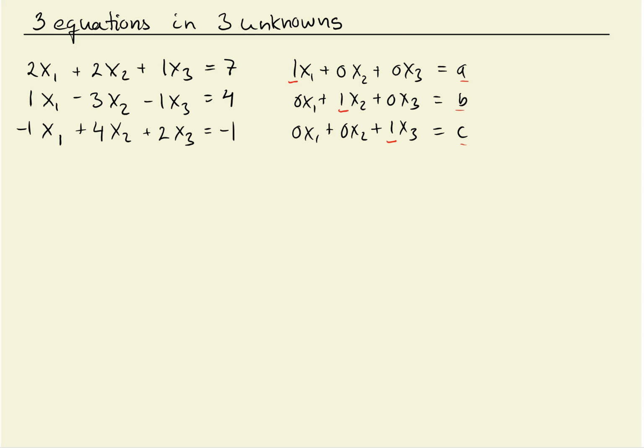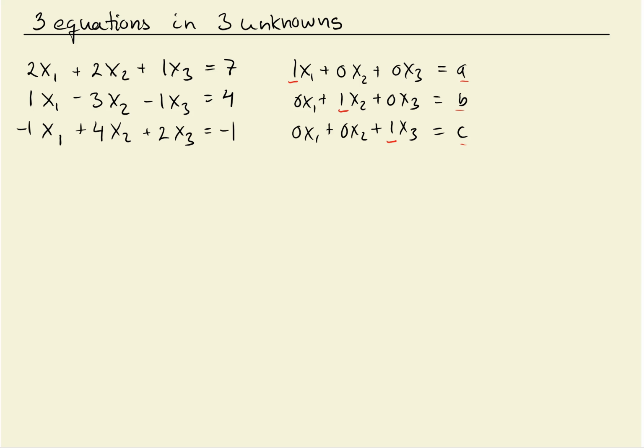Now I am going to be needing quite a few row operations. So in order to simplify the process a little bit, I'd like to discard the x1s and x2s and x3s. I'll just remove them and keep my rows and columns straight, so I'll be able to reconstruct the equations at any time.